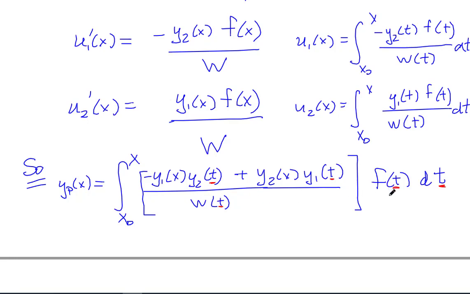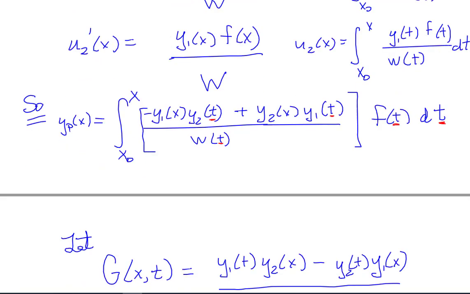Here's our driving function on the right hand side. The y1 is with respect to x, y2 is with respect to x, and y1 and y2 differ in terms of t. T is the thing that we are integrating over, that variable.